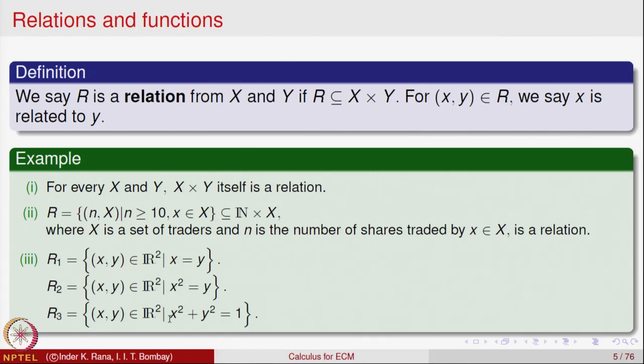Another relation possible could be (x, y) in R 2 such that x square plus y square equals 1. This has some geometric significance, namely the points on a circle. x is related to y if the x coordinate and y coordinate are points on the circle, but that is okay. Mathematically, it is just some relation between x and y. So, this is how you can construct more and more relations between sets.